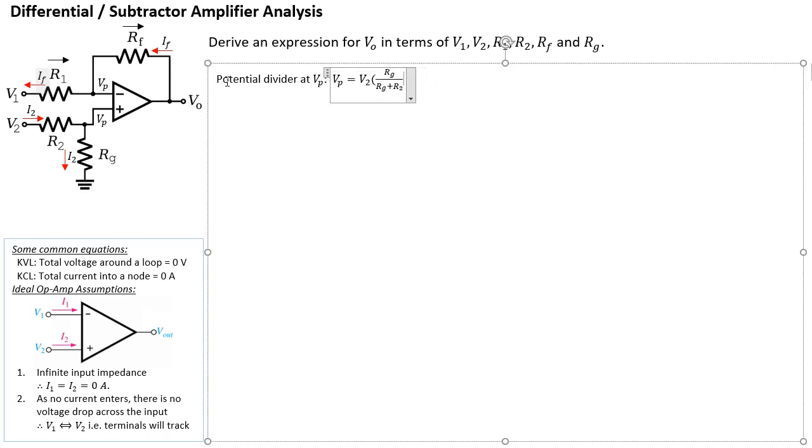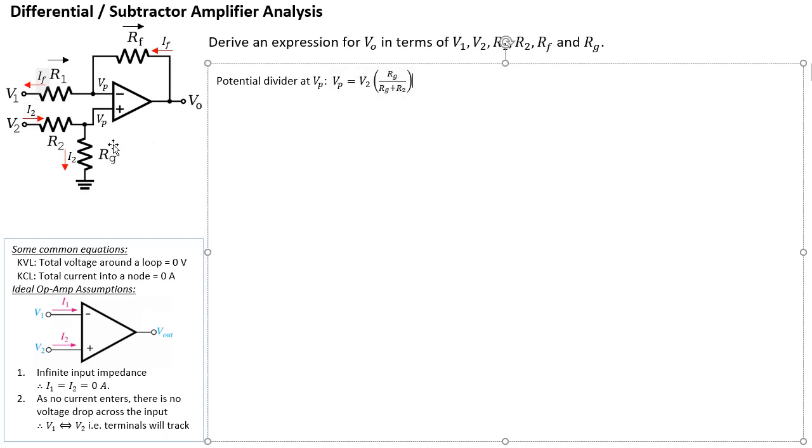That's our standard potential divider equation. So that's one equation: VP equals V2 times RG divided by RG plus R2. That's the potential divider circuit that you see here. Remember, because there's no current going into the non-inverting terminal, we can write this equation.